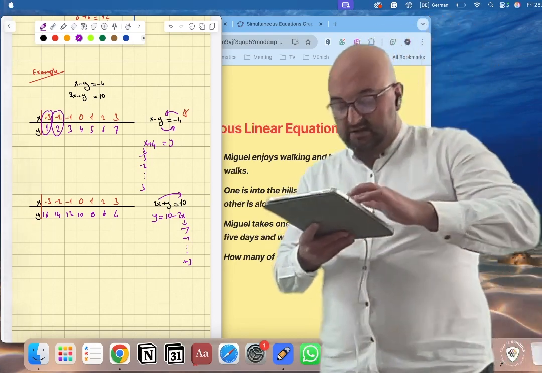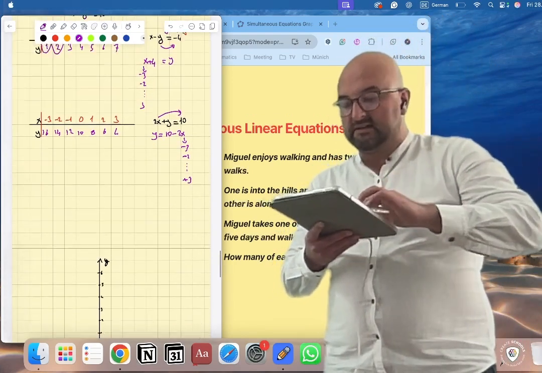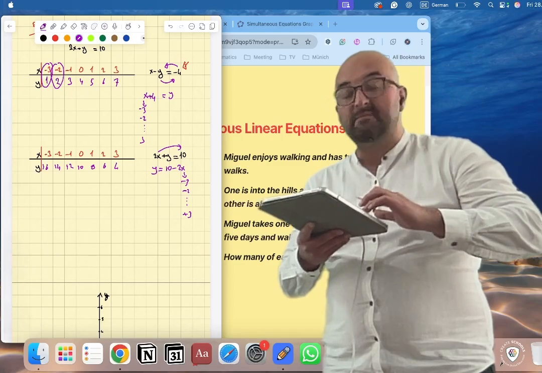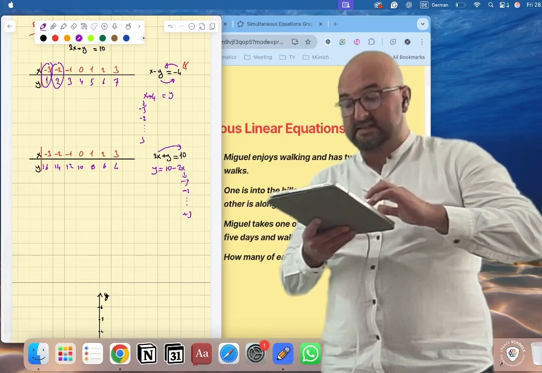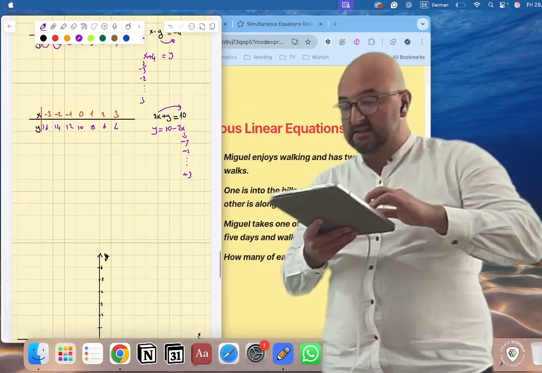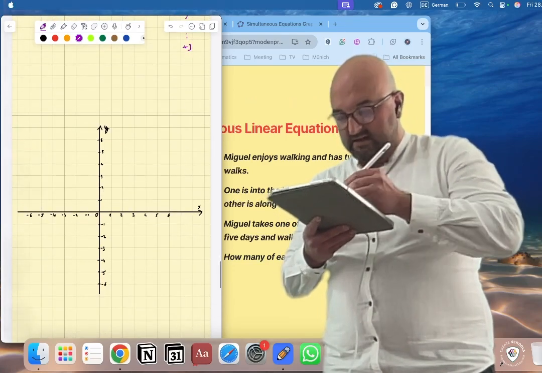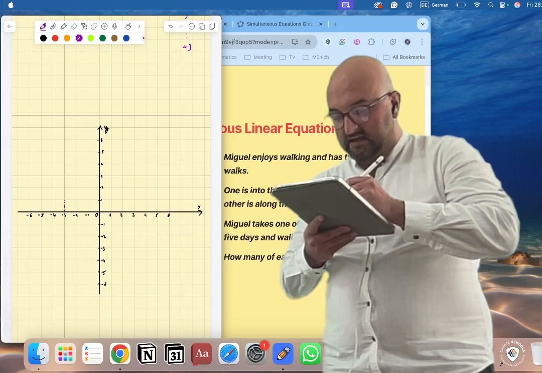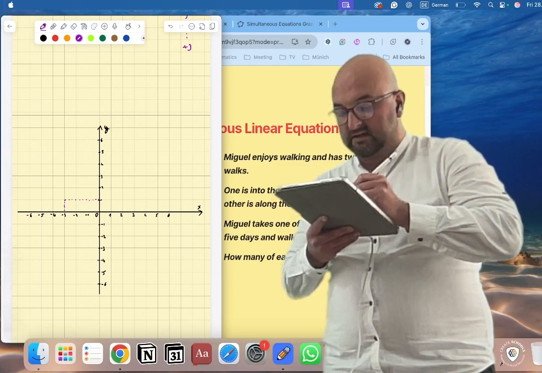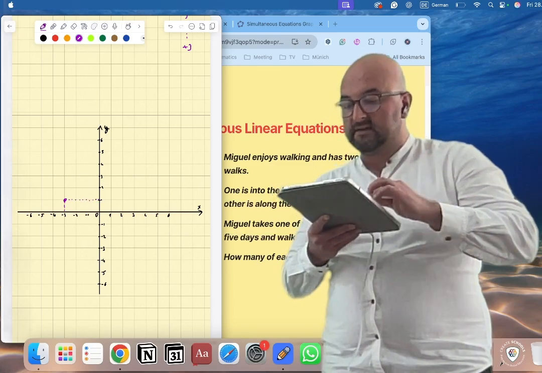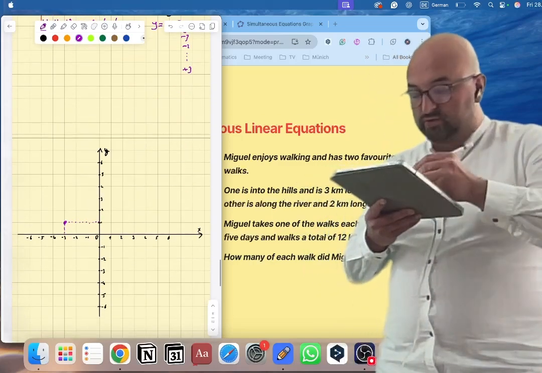And we can draw these straight lines on the same coordinate system, or on the same axis. I would like to show -3 and 1, here, this point. The other one, -2 and 2.